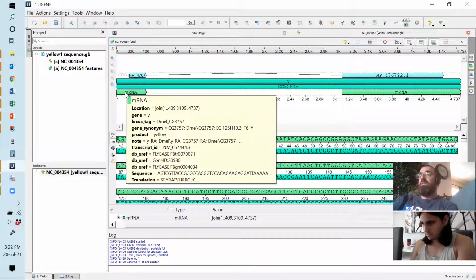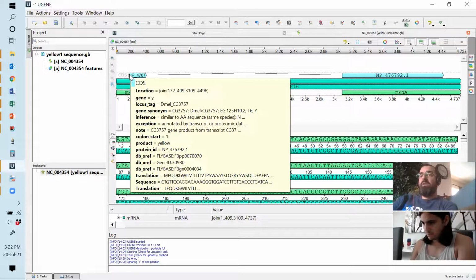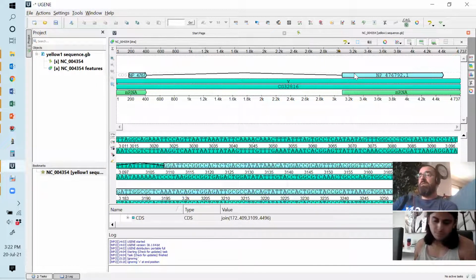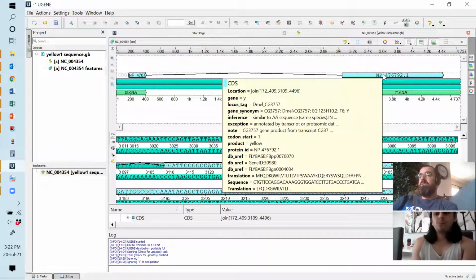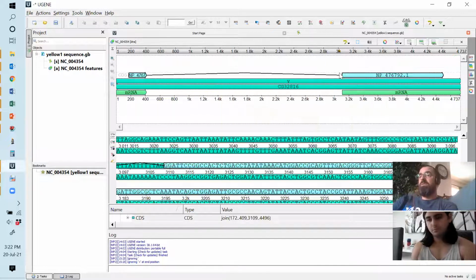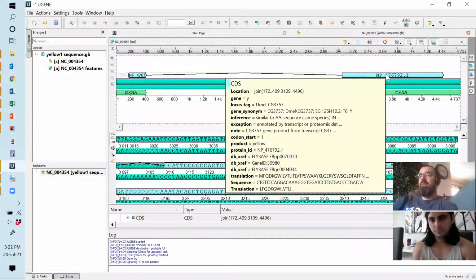So I'm sorry, this isn't exon 1 and 2. This is 5' UTR, exon 1, exon 2 and 3' UTR. Exon 1 is the coding sequence at the beginning and the coding sequence over here. So if you just hover over it, it will give you the actual location.